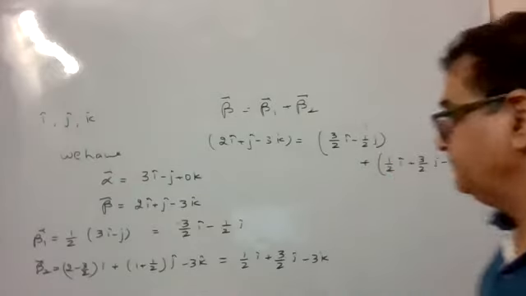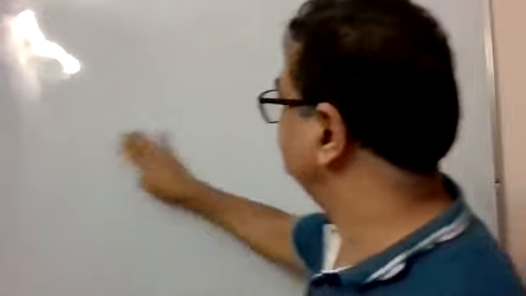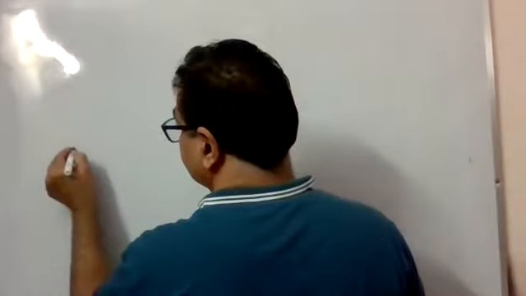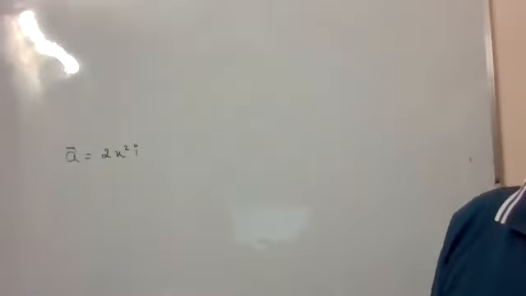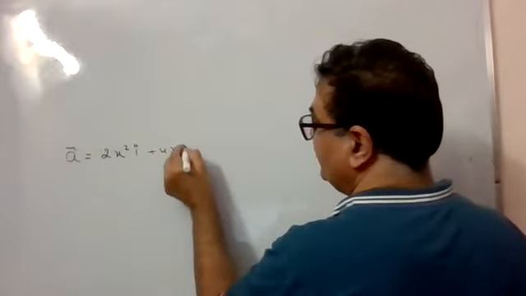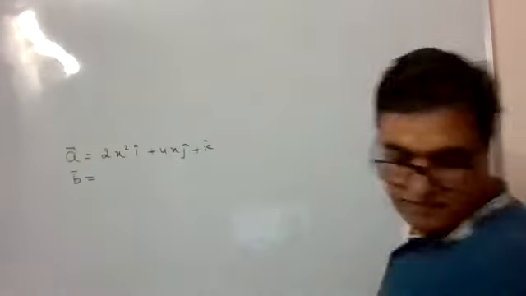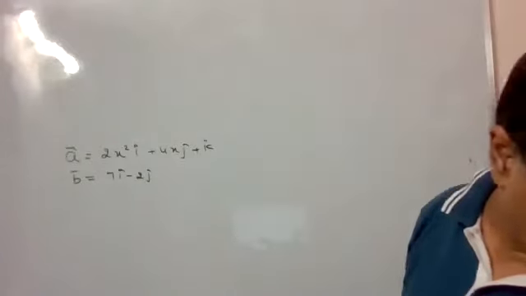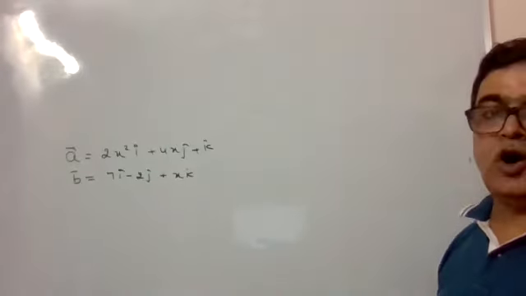Find the value of x for which the angle between vector A, 2x square i cap plus 4x j cap plus k cap, and B vector, 7i minus 2j plus xk, is obtuse.